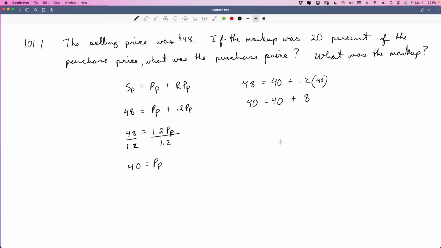And that tells us what the cost, or the purchase price was, and what the markup was, and what the selling price was. All right, let's do another one.